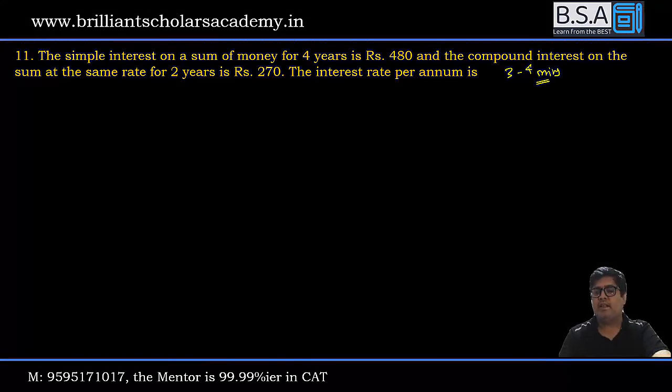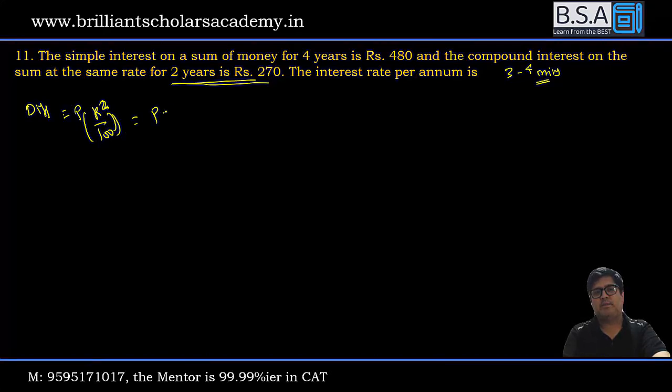One of the simplest ways: whenever we talk about 2 years, I have given you 2 formulas, if you remember. The difference is given by P into R square, that is P into (R by 100) whole square, or P into R square by 100 square, one formula.